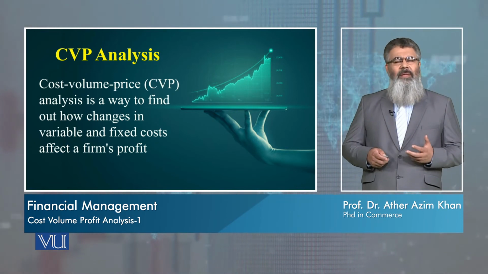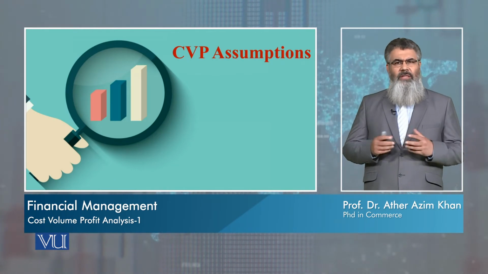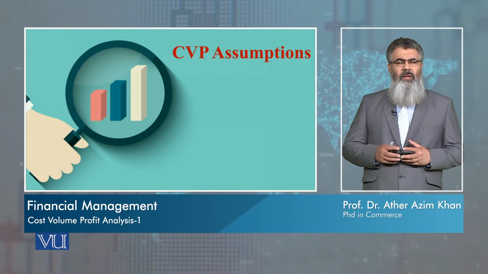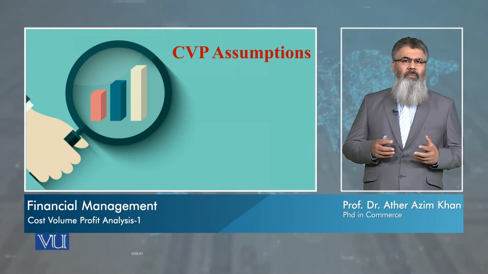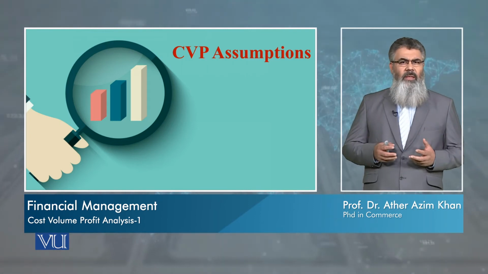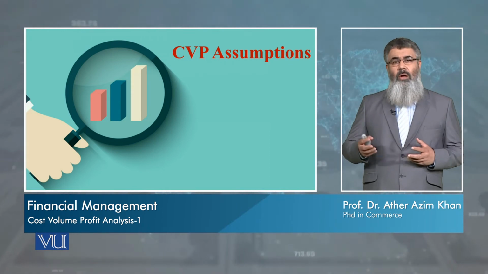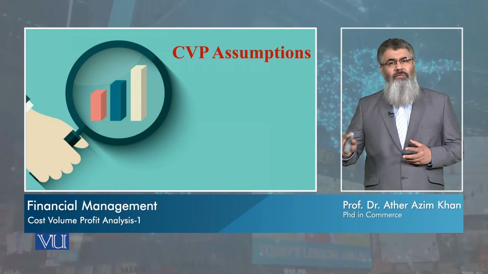Now, this CVP analysis has certain assumptions. On the basis of this, we say what will be the impact on the profit if the volume increases. If the volume increases, that means the total revenue will increase. That means the total cost will also increase. Now, when the total cost is increasing, there is one component of total cost which does not change.